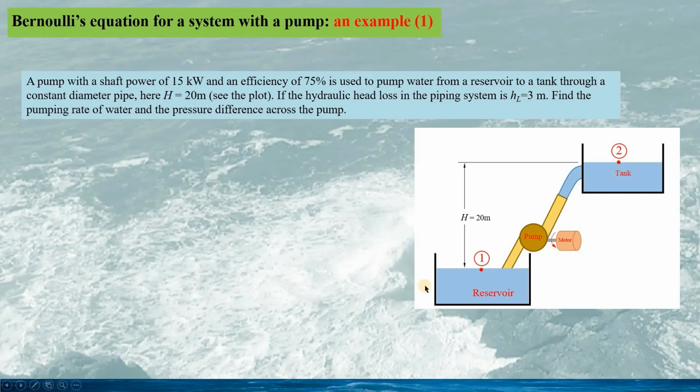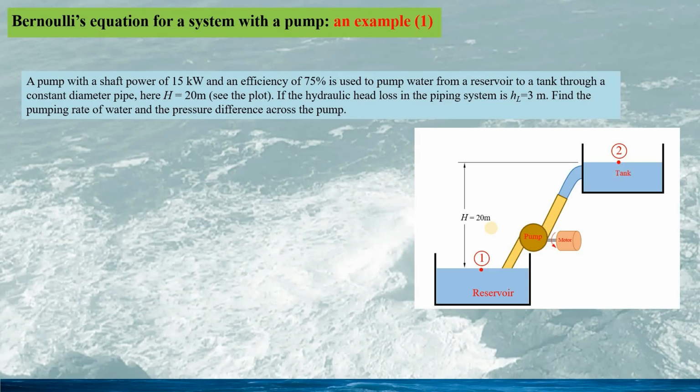In this slide, we examine an example of such a system. Here, a pump with a shaft power of 15 kW and an efficiency of 75% is used to pump water from a reservoir to a tank through a constant diameter pipe, and the height of the water level from the reservoir to the tank is h, 20 meters.